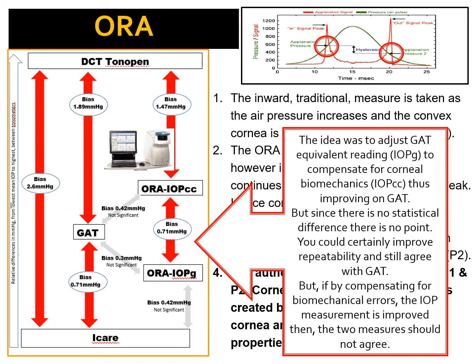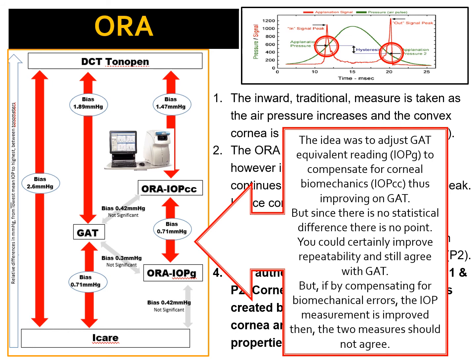So they did an algorithm where they adjusted the reading based on this second reading in a proprietary way. But when we did it, there's no statistical difference between the points anyway. So you can't improve on GAT and agree with GAT at the same time. And they were striving to agree with GAT.